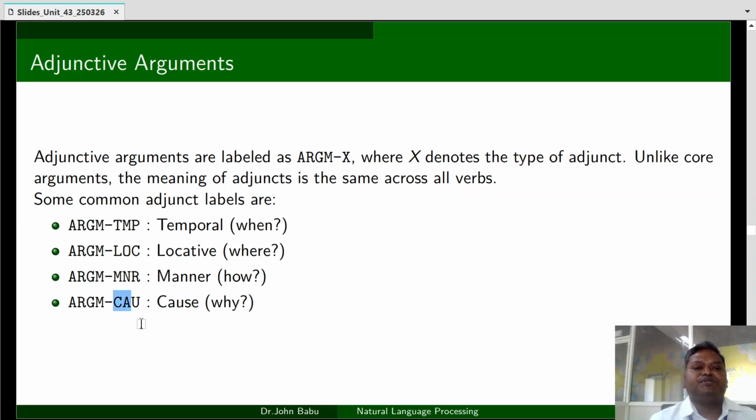So these are the common adjunctive labels. What we are seeing: core arguments, six arguments, Arg0 to Arg5. Then adjunctive arguments, which will describe it further.